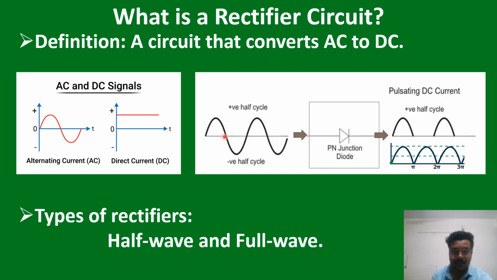Basically, AC is converted to DC, and if for one input cycle the output has one pulse, then it is known as a half wave rectifier. And for one input cycle, if the output has two pulses, then it is called a full wave rectifier circuit. We will see the circuit structure in detail.